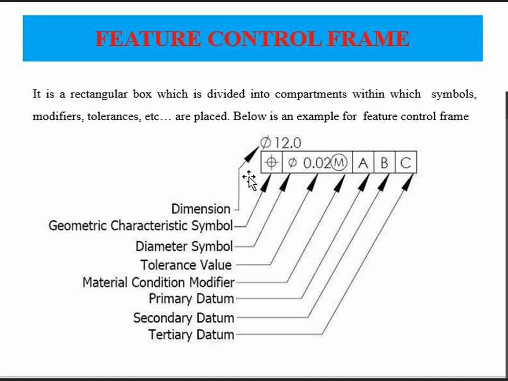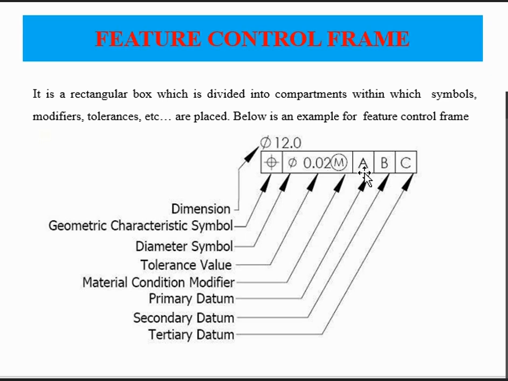the GD&T symbol. So if you see a symbol like this, let's say the symbol here is of position. As a reader, I should understand that the drawing is about mentioning the position of a center. Second is the geometrical tolerance, which is 0.02 on a diameter, and this symbol is for maximum material condition, that is MMC.